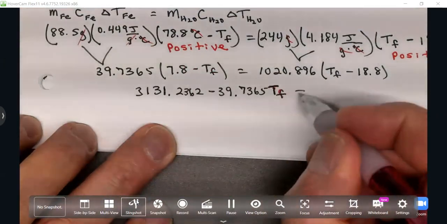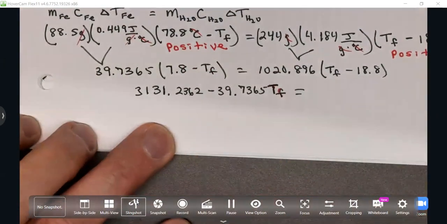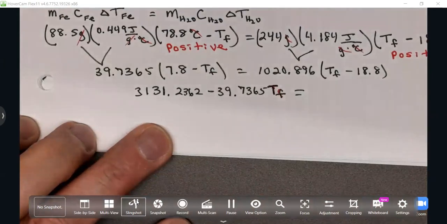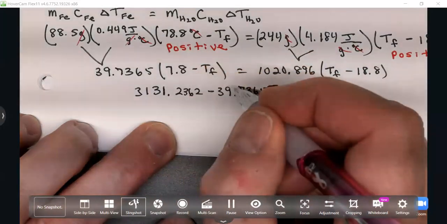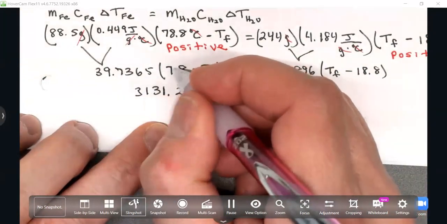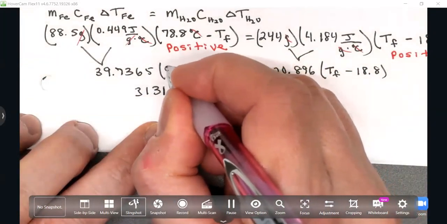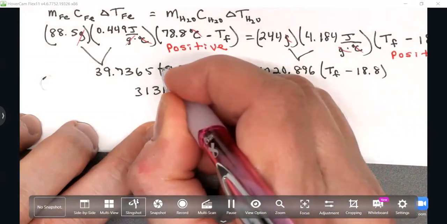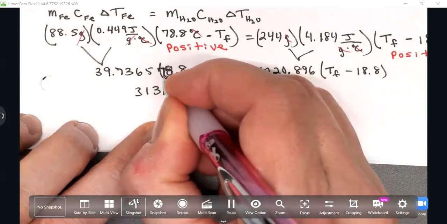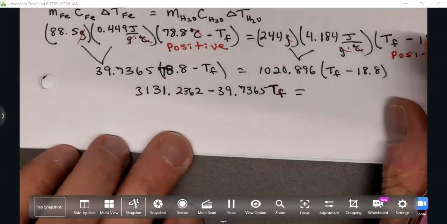And if I distribute it through on this side, yes, isn't it 78.8? Why do I have 7.8? Wow, that's terrible. Let's see if I can fix this up. 78.8, yeah, it's terrible. 78.8.